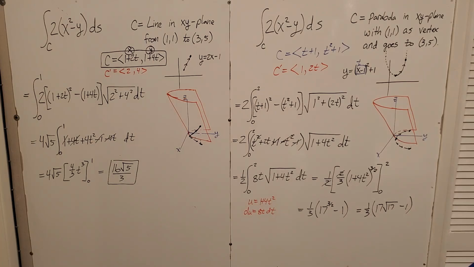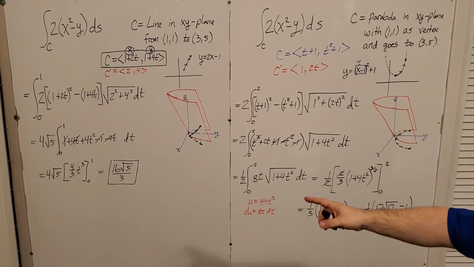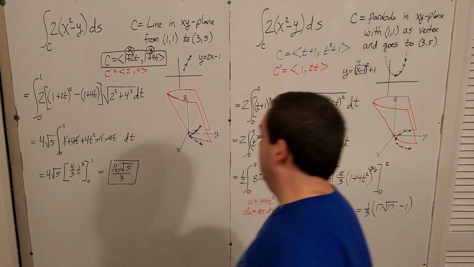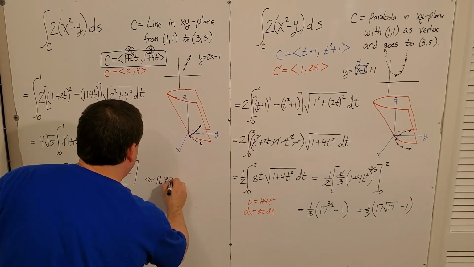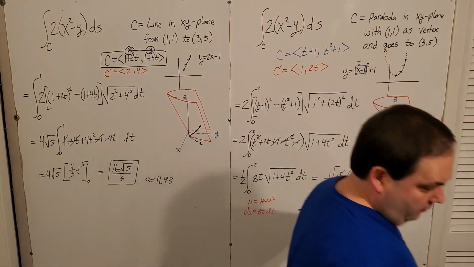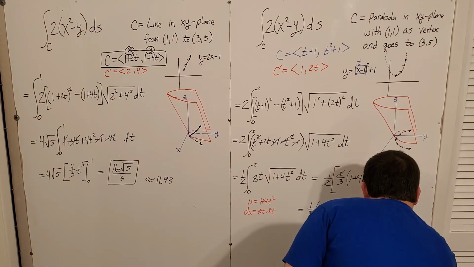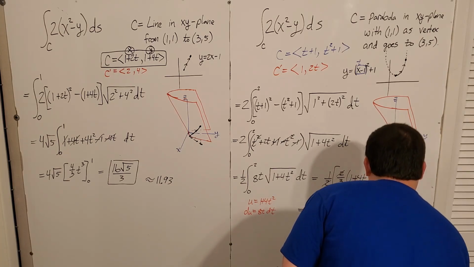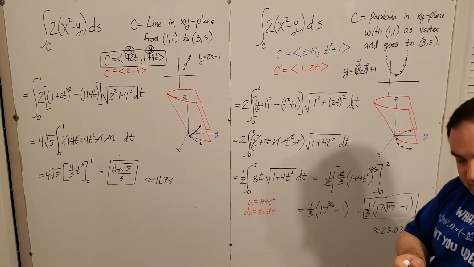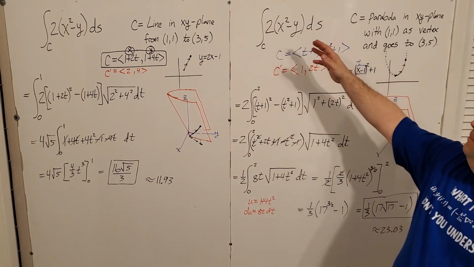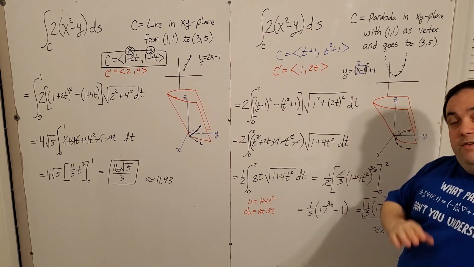Okay? Now let's take a real quick look at punching in the actual values of these so we can compare them. The one on the left over here is around 11.93. And this guy right here is around 23.03. Okay? So as I was telling you, we got different values, even though it's the same function, on the same beginning and ending points, but it's a different path.